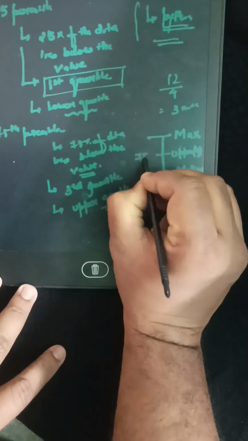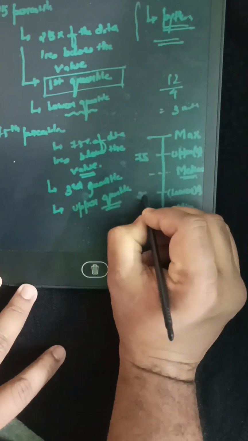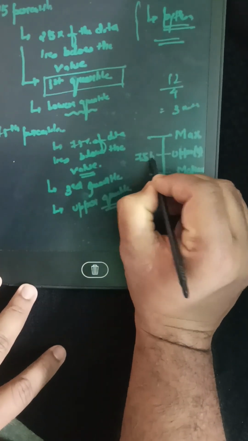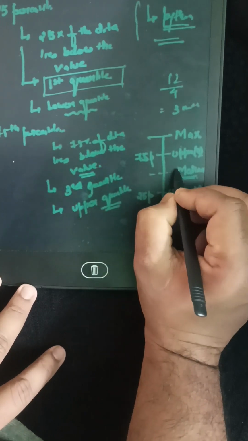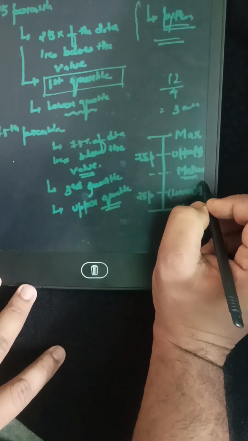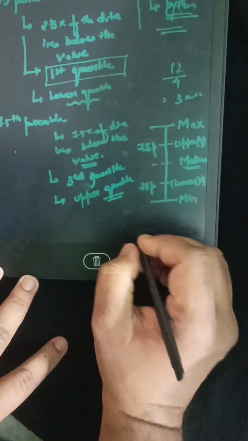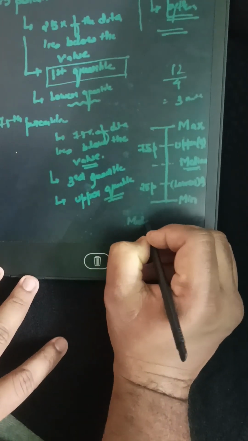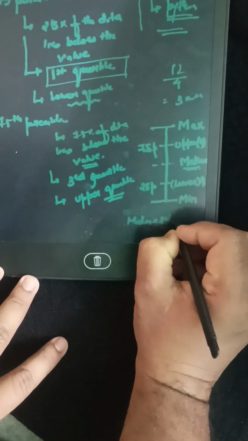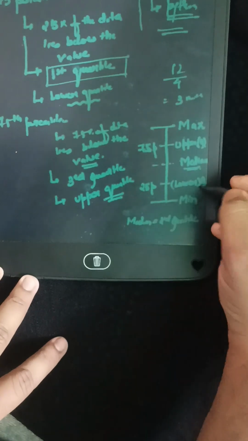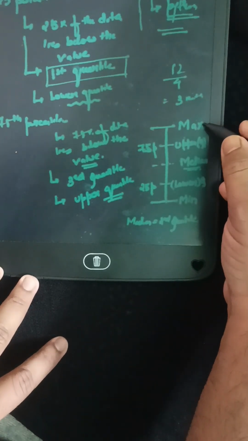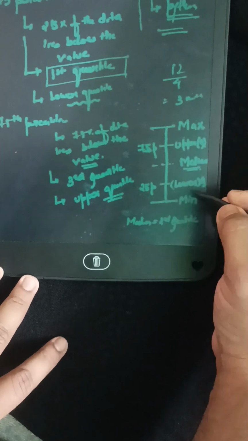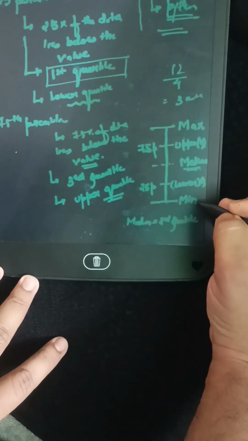This is the 75th percentile, this is the 25th percentile, and this is basically the 50th percentile, but we refer to it by a specific name, the median. Therefore we may write here that median is equal to the second quartile. So this is the first quartile, this is the second quartile, this is the third quartile, this is the maximum value as the highest value, and this is basically the minimum value.